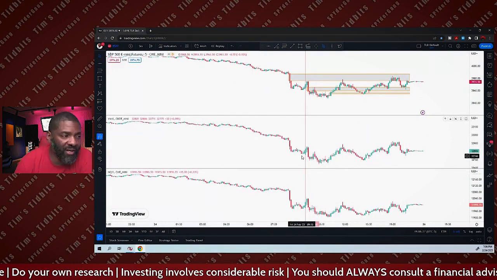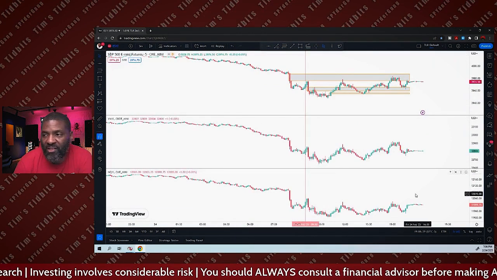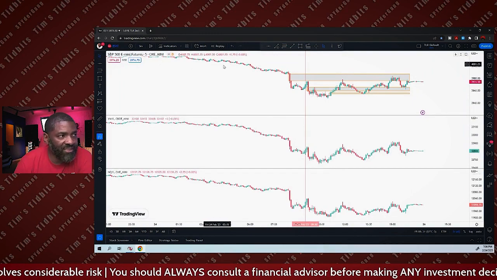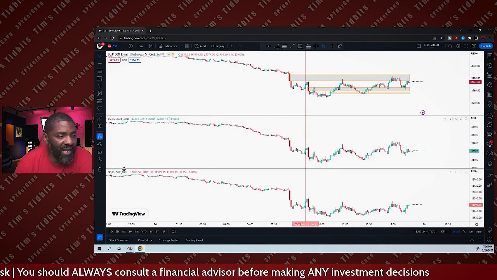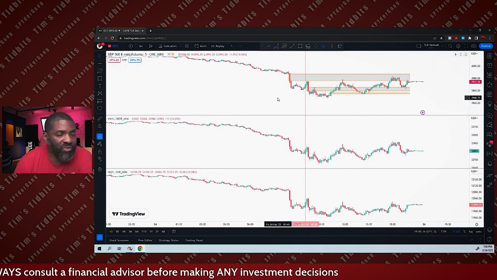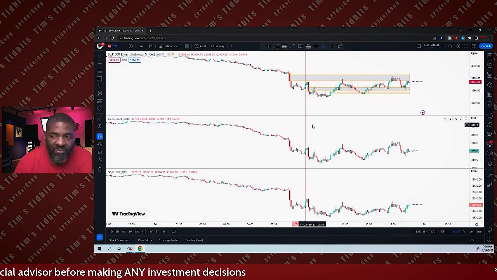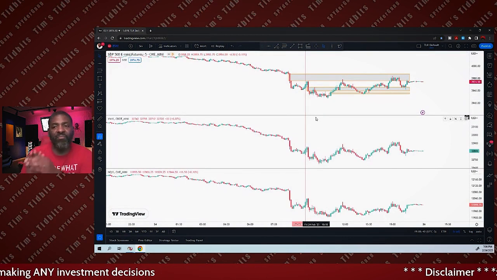If you don't know what a correlated market is, they move in the same direction. You see how all of these are coming down together, they move together in the same direction. Inversely correlated, they move opposite.